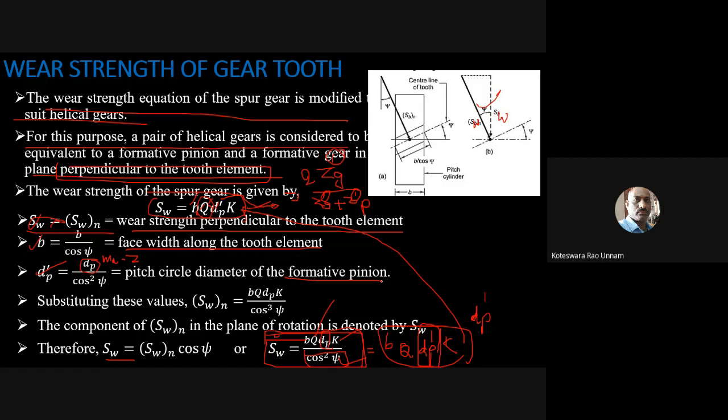If you replace this dP by dP dash, the formula remains the same. The only thing you need to do is use the pitch circle diameter of the formative spur pinion. So this is how you can calculate the beam strength or wear strength of a helical gear also.